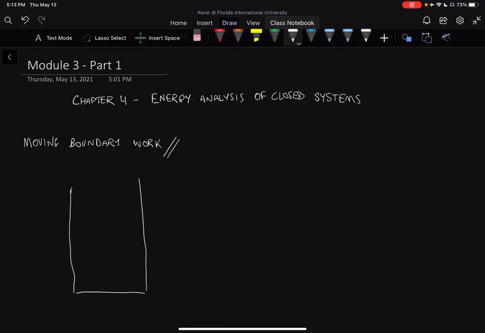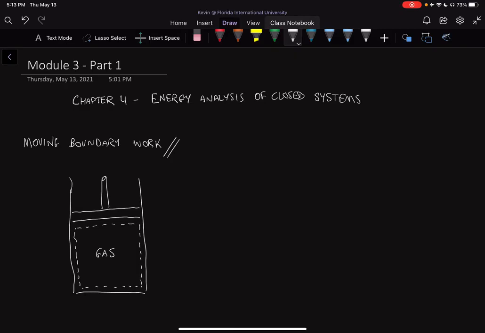So let's look at a piston cylinder device. We're going to have a piston inside a cylinder. I'm going to put a handle on that piston so we can see what's happening. And we're going to say that we have a gas within this piston cylinder assembly.